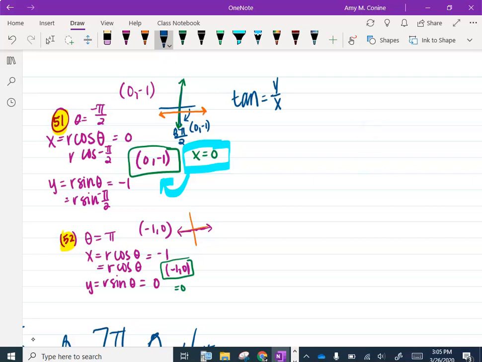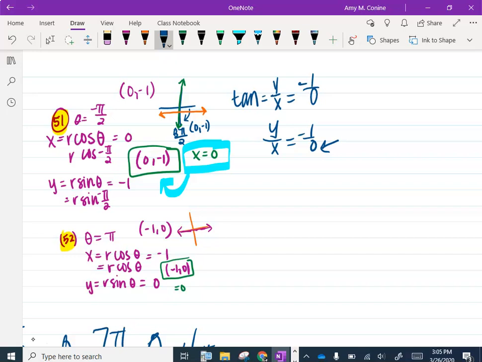So your y over x here is -1, 0. So when you have y over x and you're saying it's -1 over 0, that can't happen because you can't have 0 in the denominator.